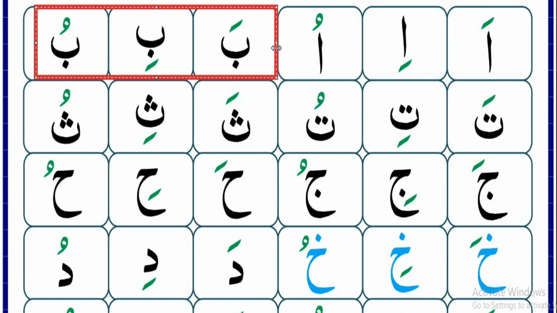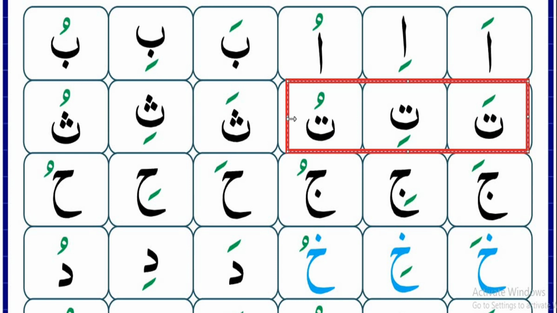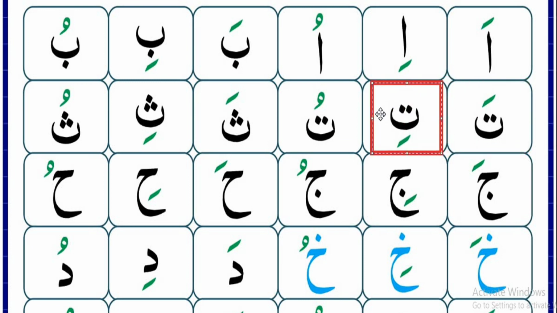And the third letter, it's ta, fatha, ta. Ta, kasra, ti. Ta, dhamma, tu.